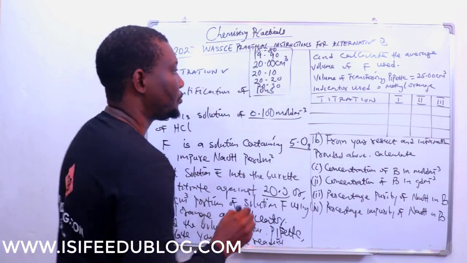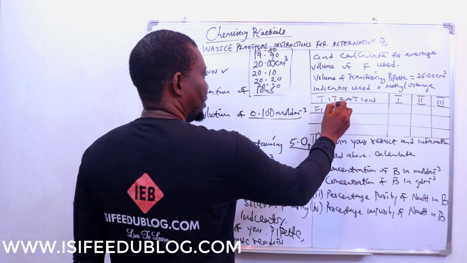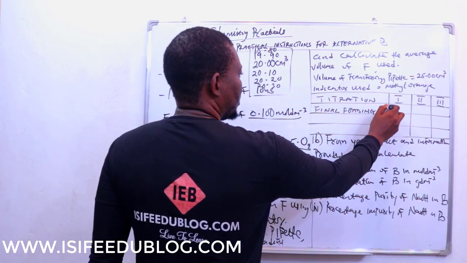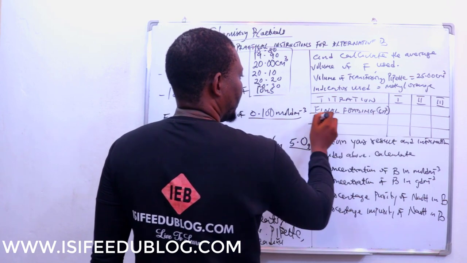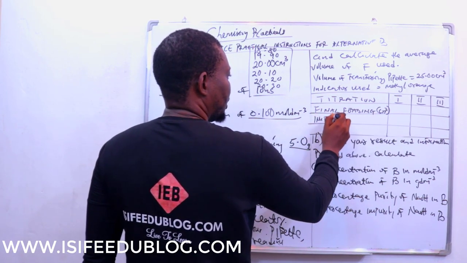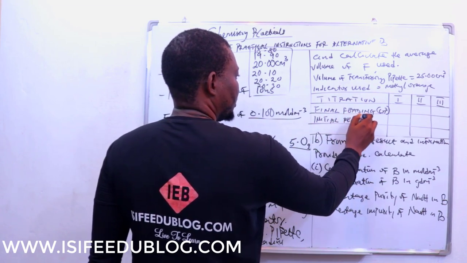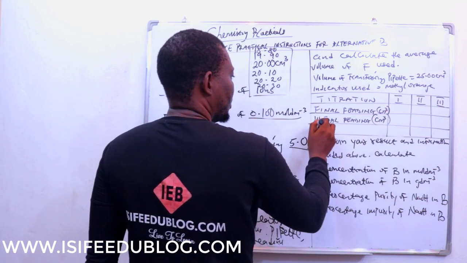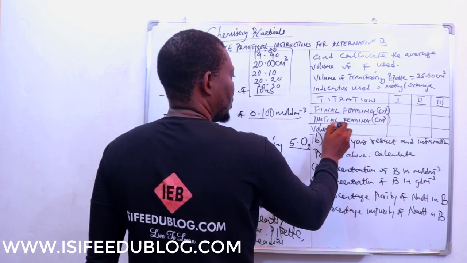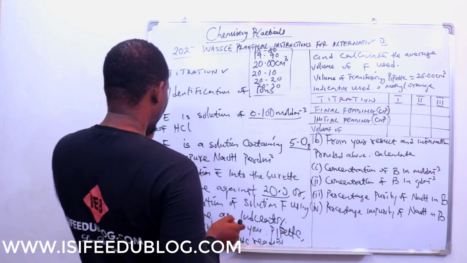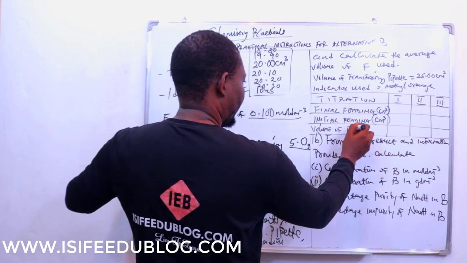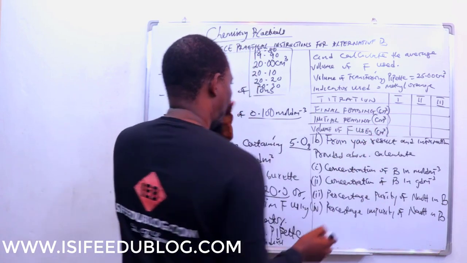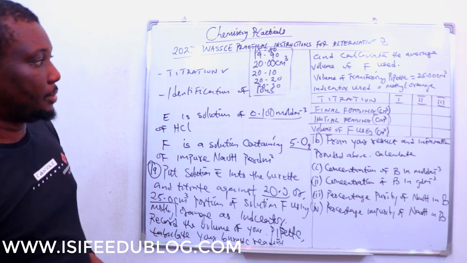Here should be final reading in centimeter cube. Don't forget that. Initial reading. Then volume of, not E this time, volume of F used, in centimeter cube. That's it.